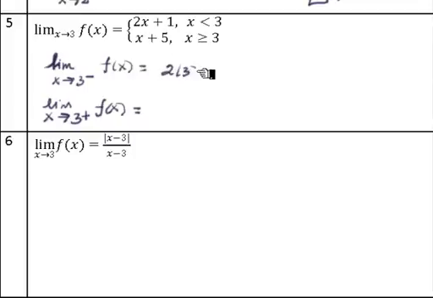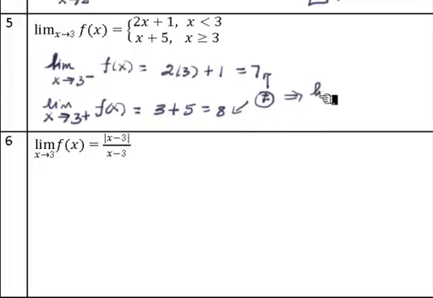And use the bottom line for the limit on the right. Just substitute in. And we observe that these are not equal. Therefore, the limit as x goes to 3 of f of x does not exist.